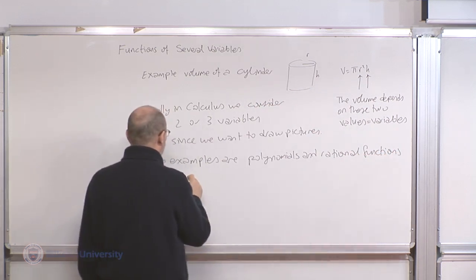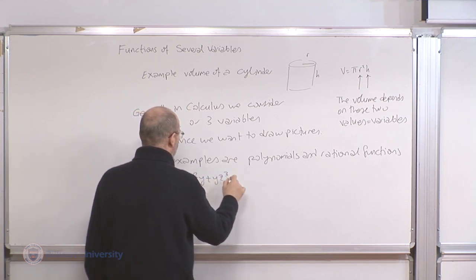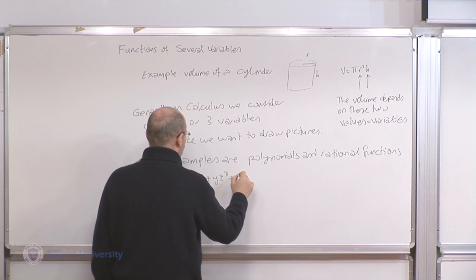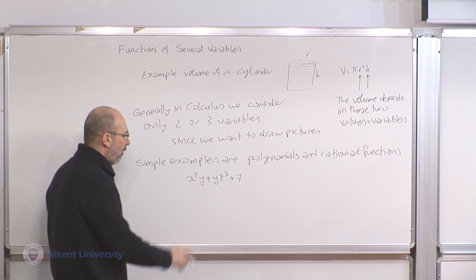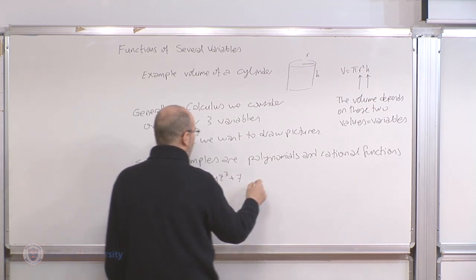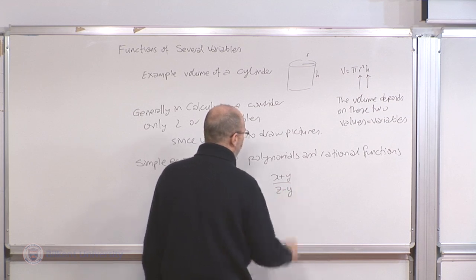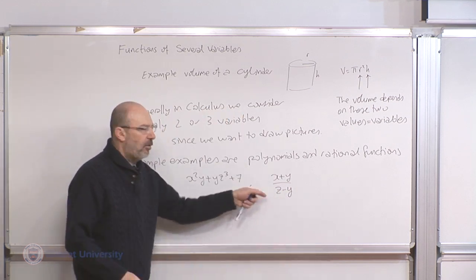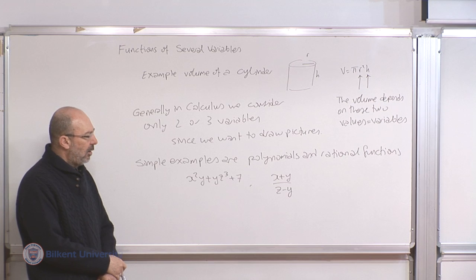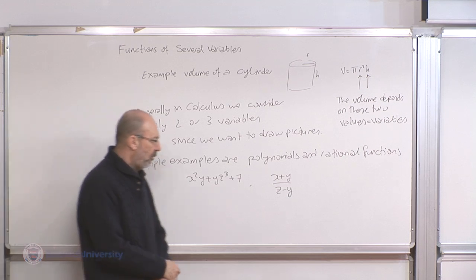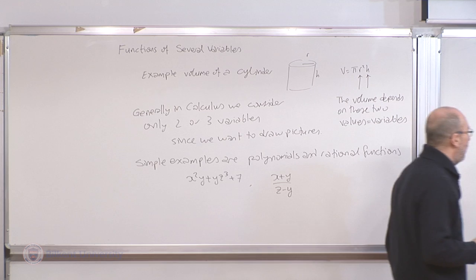For example, x squared y plus y z cubed plus x y z plus 7 is a function of three variables. Or you can have (x plus y) over (z minus y). A polynomial over a polynomial is a rational function. So we will mostly be dealing with these things.